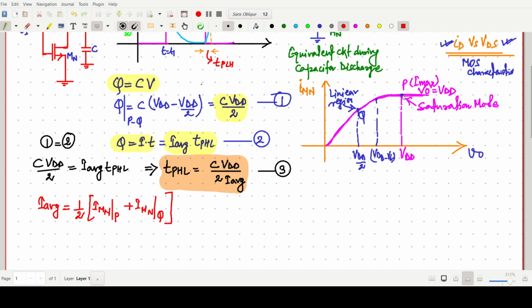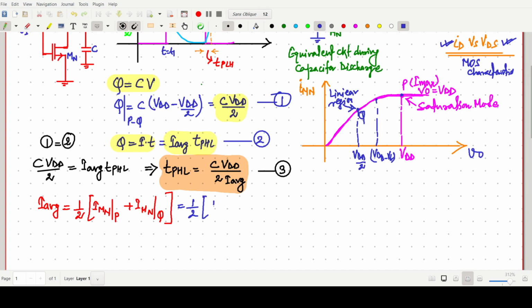I_MN at point P is the drain current through the NMOS transistor at point P, and I_MN at Q is the drain current through the NMOS transistor at point Q. The same thing can also be written as an average, so that's why we are putting 1 by 2.